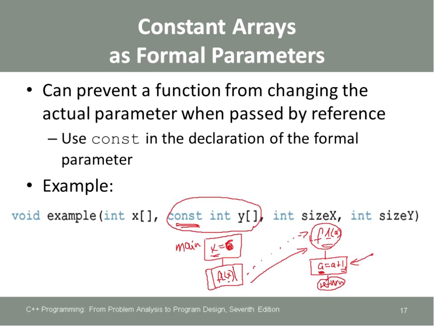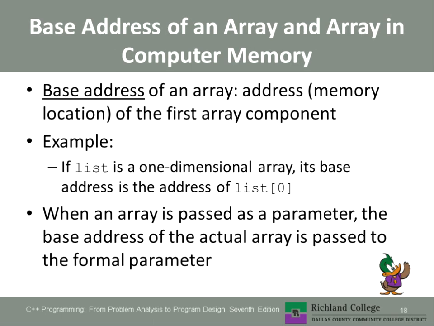Okay, so think about that as read-only. So in this case, let's say y is going to be sent to the function as read-only, and then x is going to be read-write. So any function is going to be able to change the values in x, because we are not sending it as a constant.